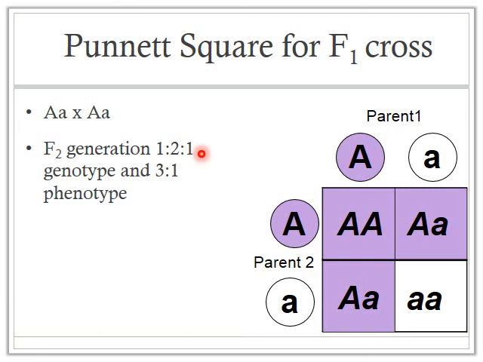Writing these ratios like this is pretty common. 1 to 2 to 1 for the genotype situation, and then 3 to 1 phenotype. If I asked you, give me the possibility of a homozygous recessive, how many of the offspring is going to be homozygous recessive, you could tell me 25%.